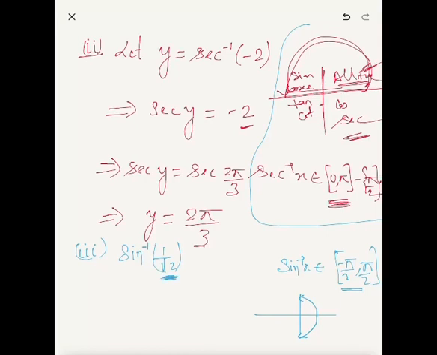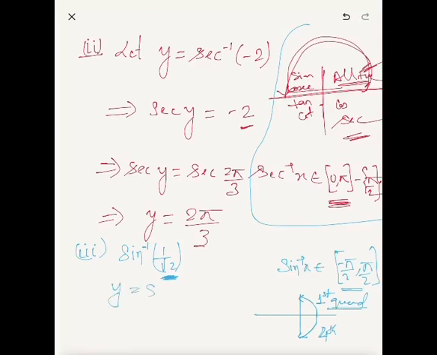So for a positive value you should be in the first quadrant. If you go to the fourth quadrant, the sign is negative, so it should be in the first quadrant. For what angle do you get 1 by root 2?